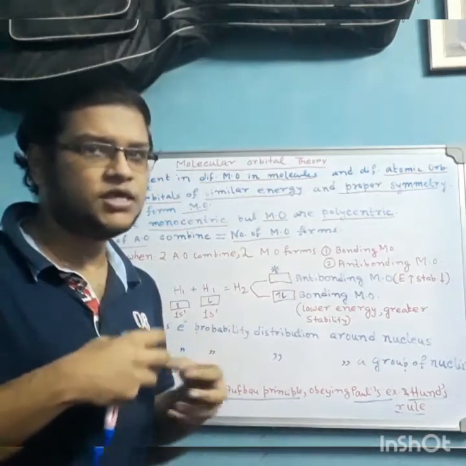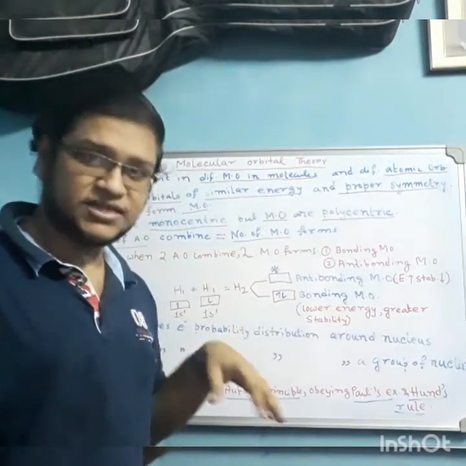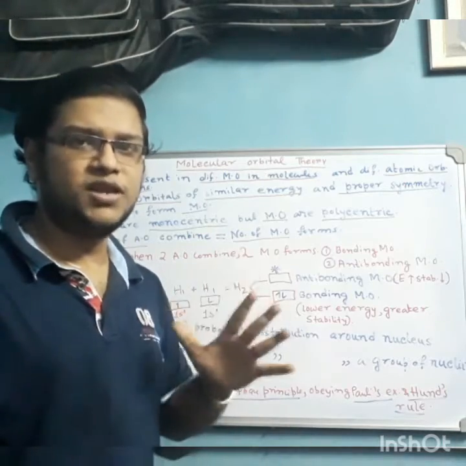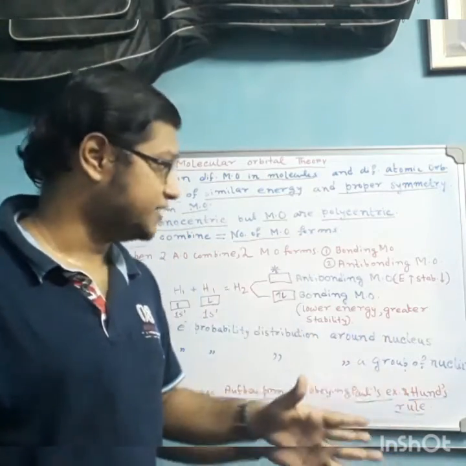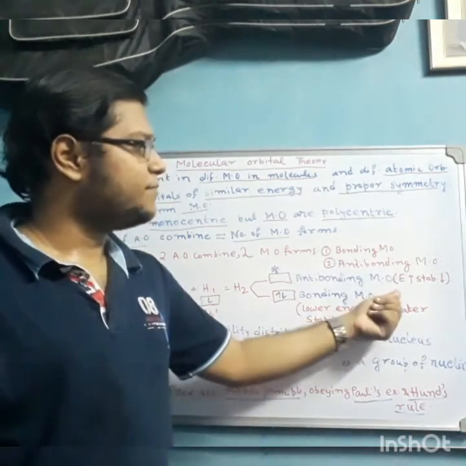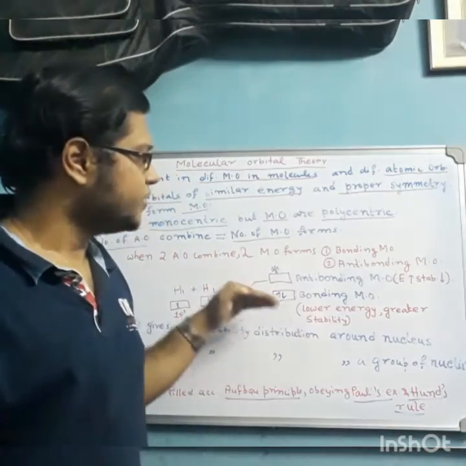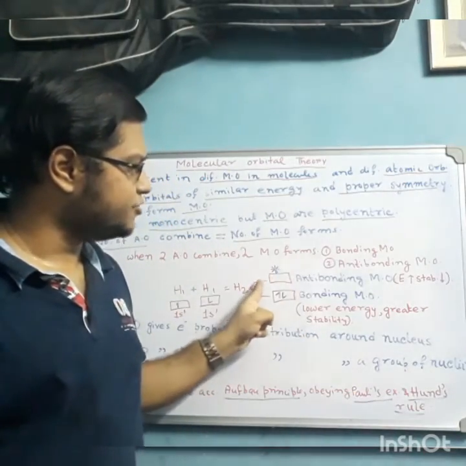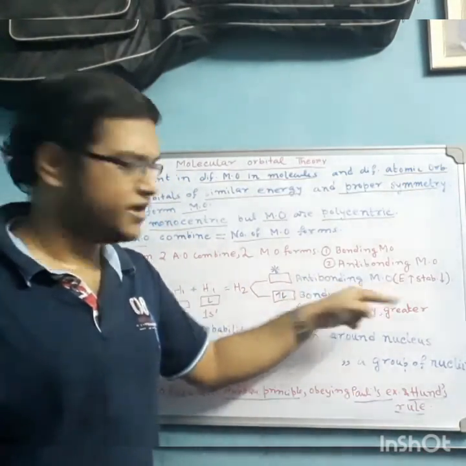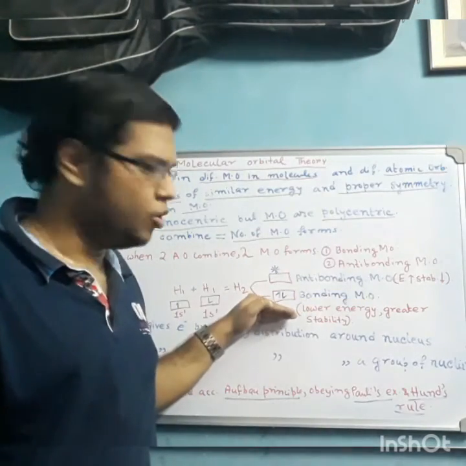That's why they make the bond. So they will have lower energy, and as they have lower energy, they will be more stable. But anti-bonding molecular orbitals have high energy and less stability. That's why for high energy I have placed the anti-bonding molecular orbital in a higher position, and the bonding molecular orbital in a lower position.